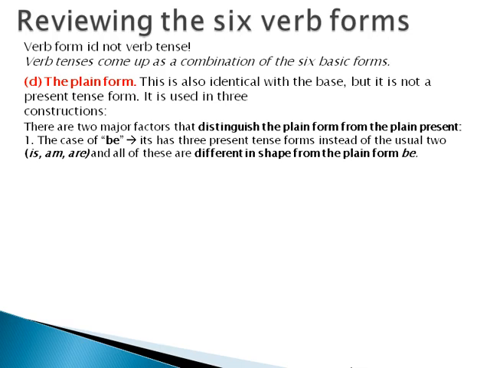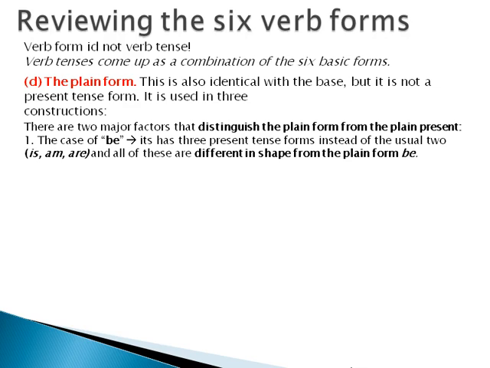There are two factors that distinguish the plain form from plain present. One of the cases is be. So when you are confused, try to imagine the situation with the verb be. Be has present forms of the usual: am, is, are, and all of these are shaped on the plain form.